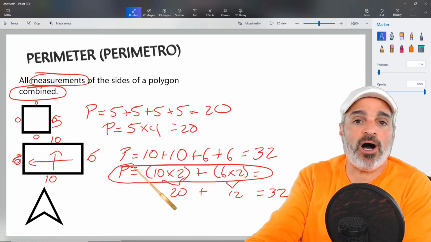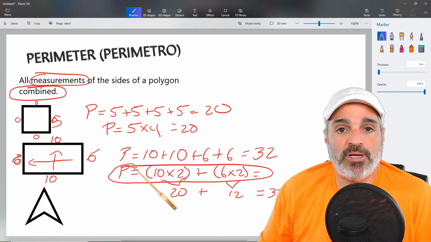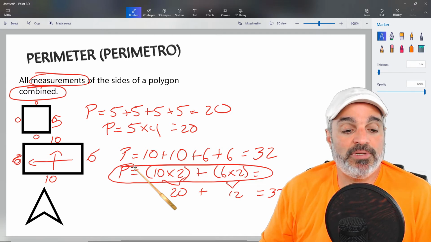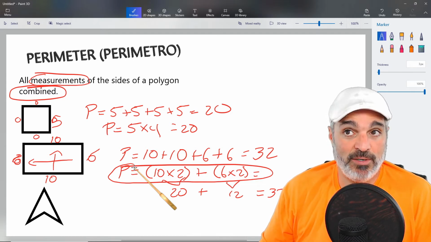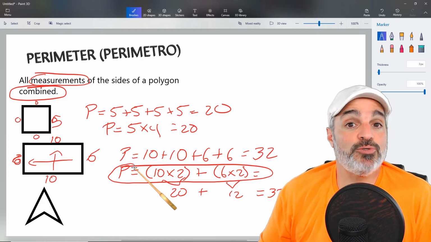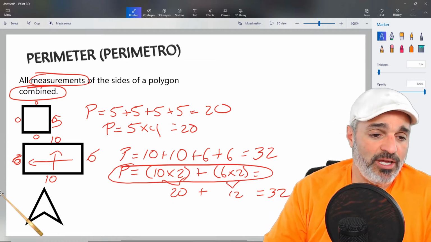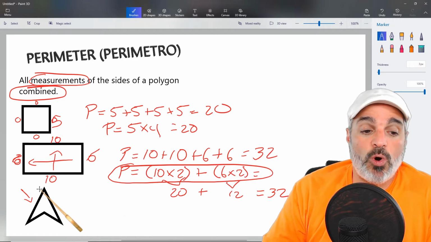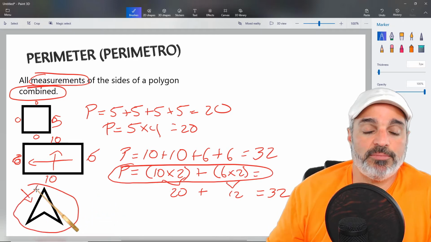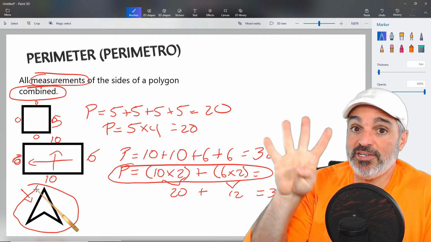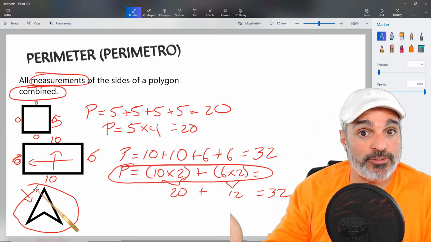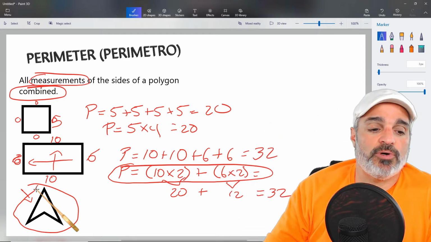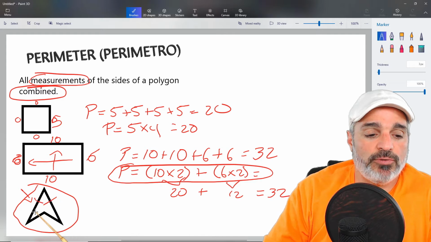Now, remember that polygons are any 2D geometrical shape that has more than 2 sides. I'm sorry, I said more than 3 before, but it should be more than 2 sides. So for example, here, we don't have a square, we don't have a rectangle, but we have a quadrilateral. This is a quadrilateral because it has 4 sides. Quadri, 4. Quadri comes from cuatro. Cuatro means 4. So it has 4 sides, 1, 2, 3, 4.